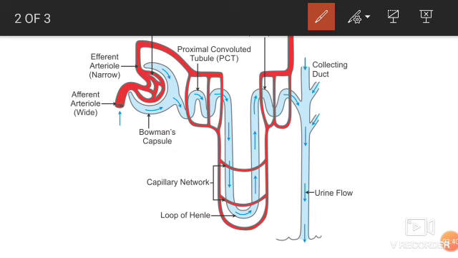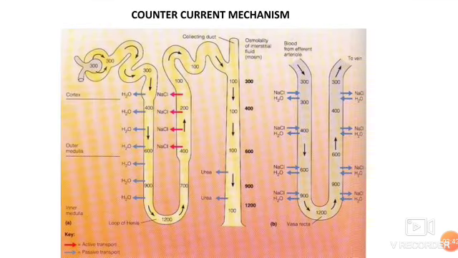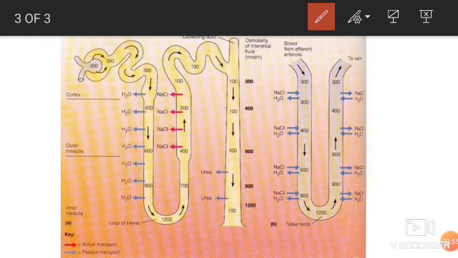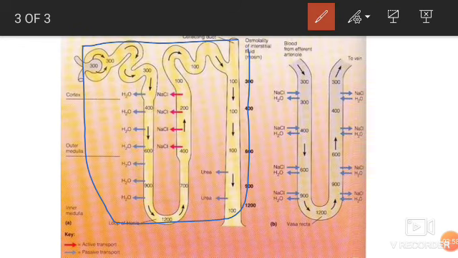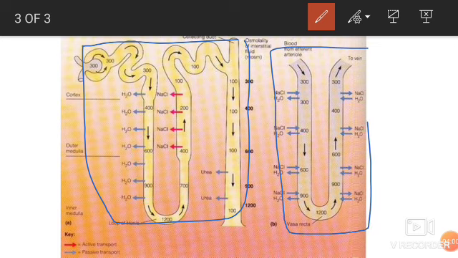Okay, moving on, what is the counter current mechanism? See, the counter current mechanism mainly consists of the coordination or the relationship between a nephron, this is a nephron here, second, this is a nephron here, and the vasa recta.